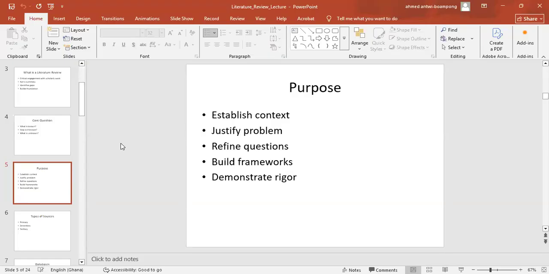Again, the literature review's purpose is to help support your theoretical and conceptual framework. All right. This is where your study gets its intellectual foundation, because in the literature that you would have reviewed, you would notice patterns through your evaluation and synthesis.